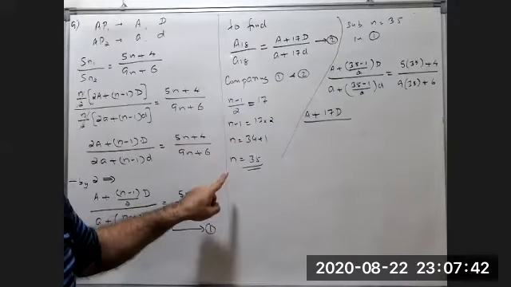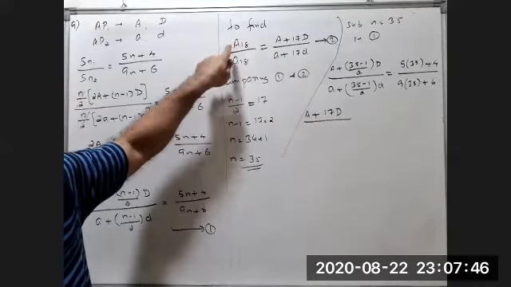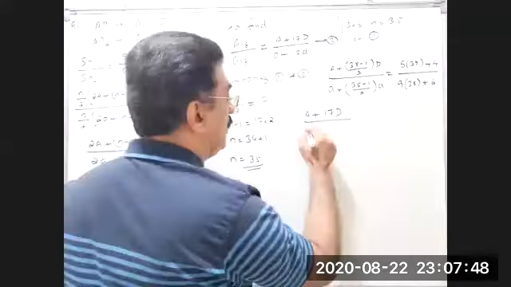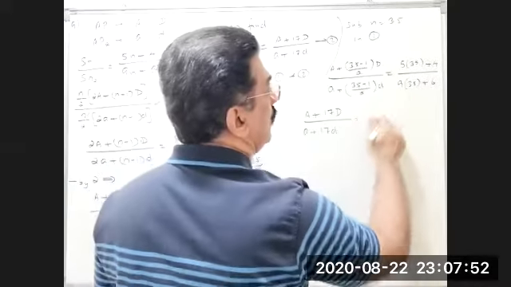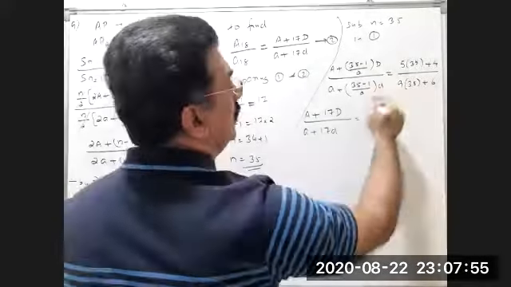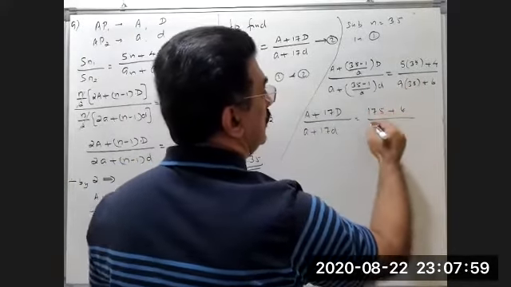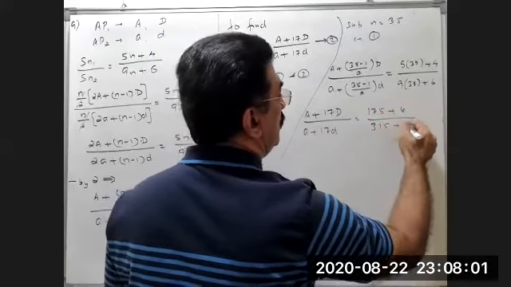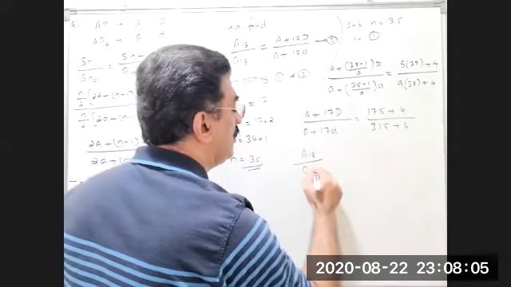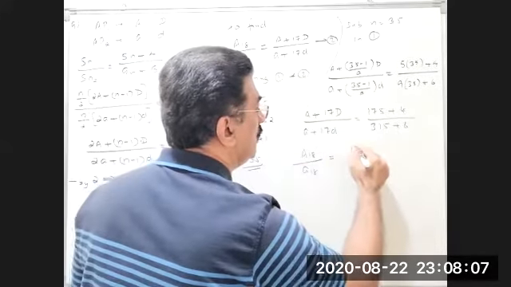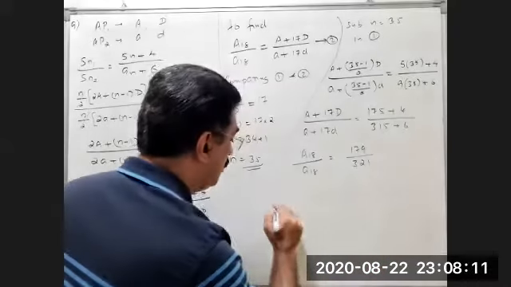If n is 35, we get the 18th term, A plus 17d. 35 fives are 175 plus 4 over 315 plus 6. This is A18 by A18, 179 by 321.